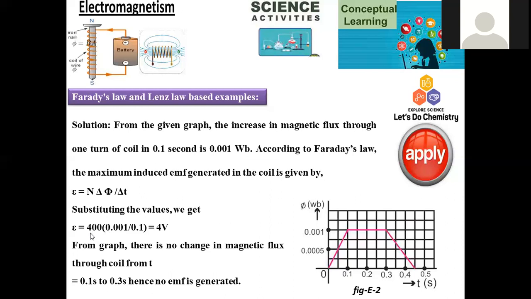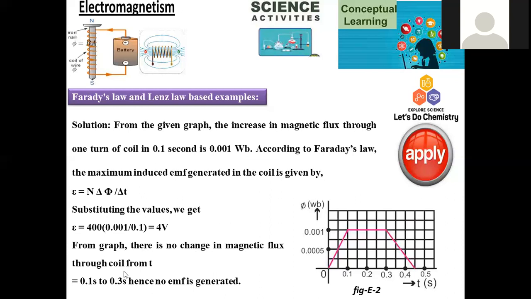That's the reason why we are taking 400 into 0.001 by 0.1. When the decimal values get cancelled and we go with the entire calculation, epsilon is equal to 4 volts, right? Epsilon is nothing but the potential difference, given as 4 volts.